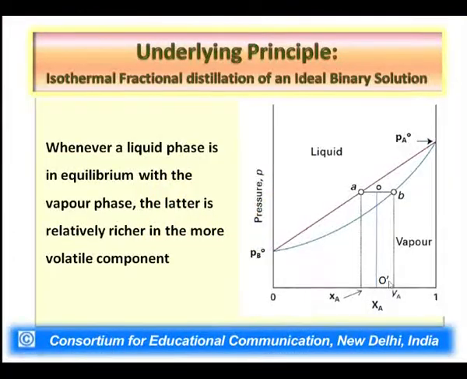If we have an overall system represented by point capital O dash, this point represents the overall state point of the system. It means the system is maintained at very low pressure and the system lies only in the vapor phase, because this point O dash lies below this vapor curve.